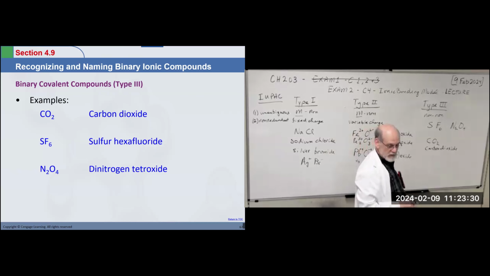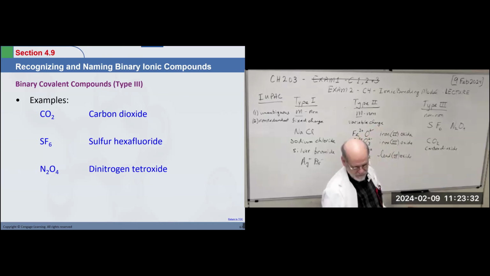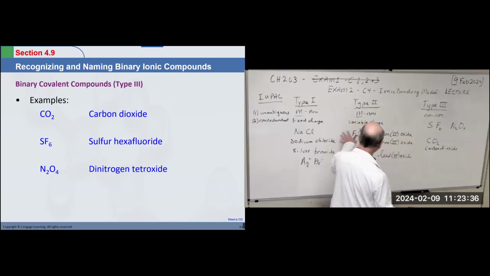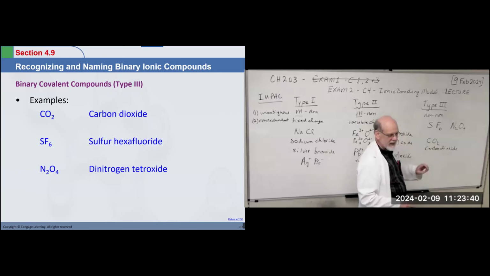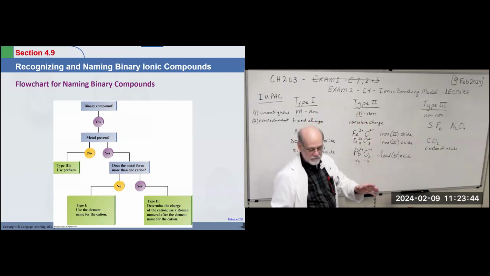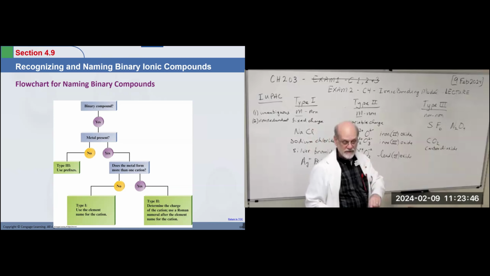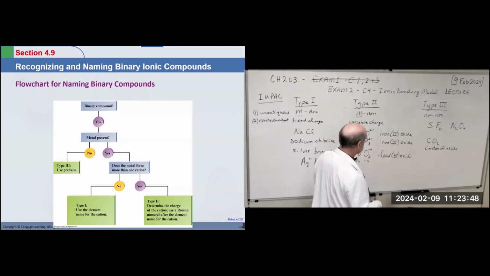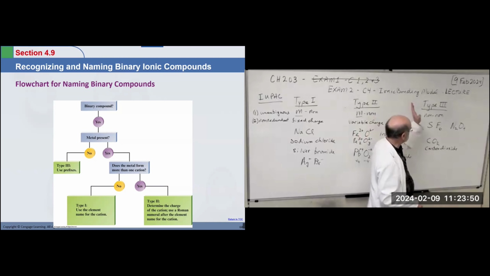Now, if you're presented with choices, and you have to decide how you're going to name the compound, you look at the formula and say, what kind of naming am I going to use? Type 1, type 2, or type 3? The first thing you do is say, is there a metal present? If there's not a metal, you go straight to type 3.